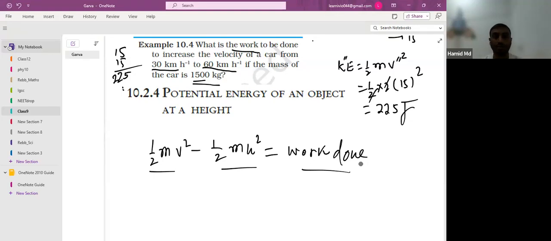Work done is nothing but change in the kinetic energy, as we already said. So final and initial velocity is given, and we know how to calculate the kinetic energy, half of m v square. So we have just substituted the relation.